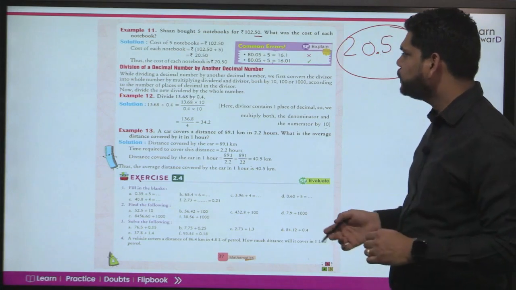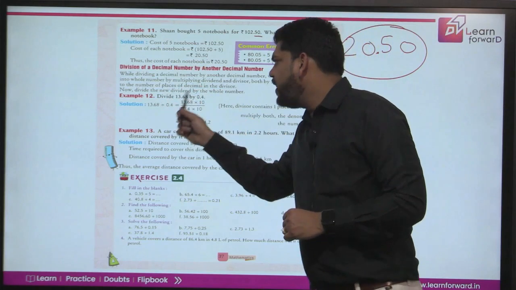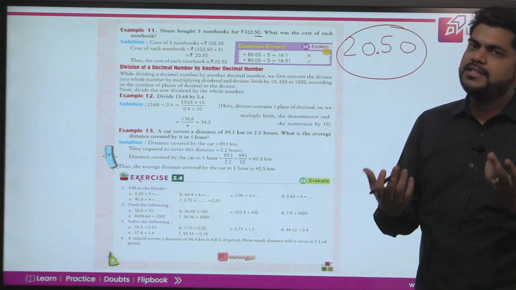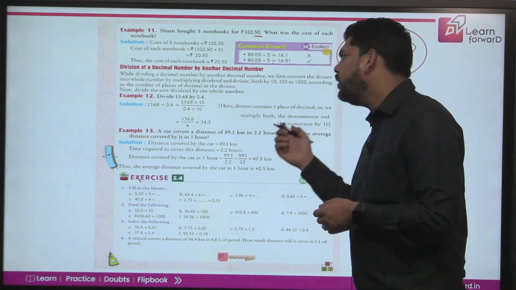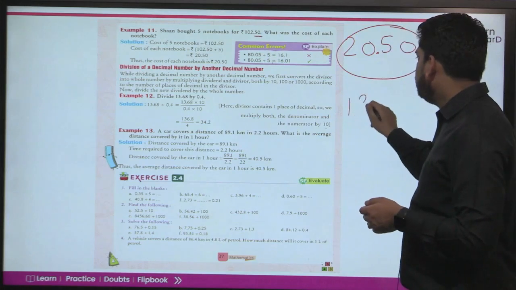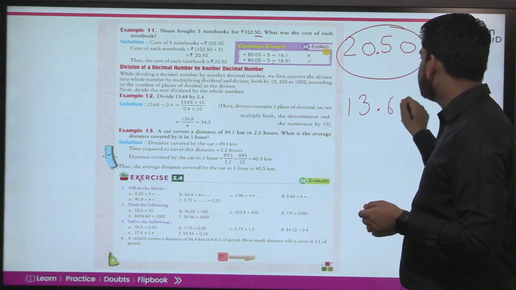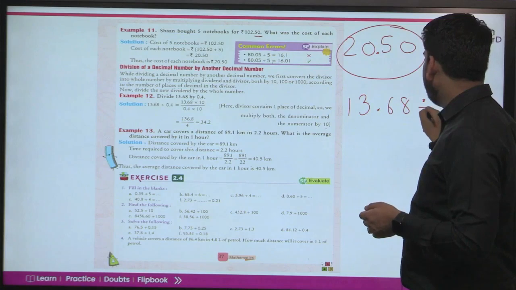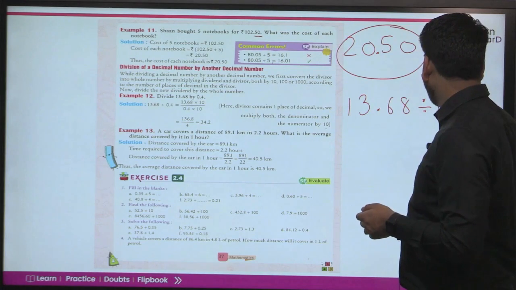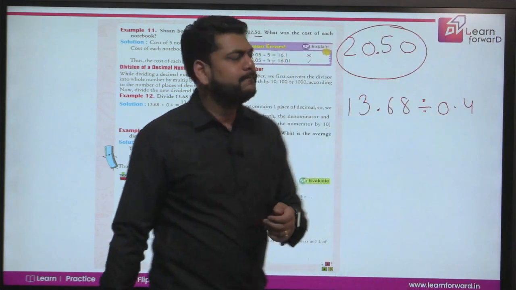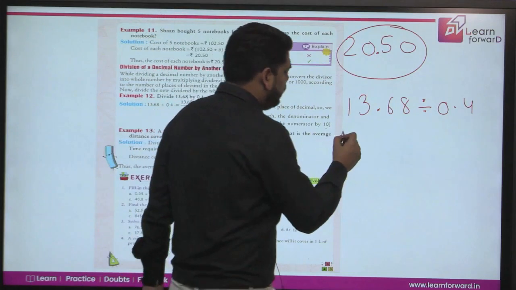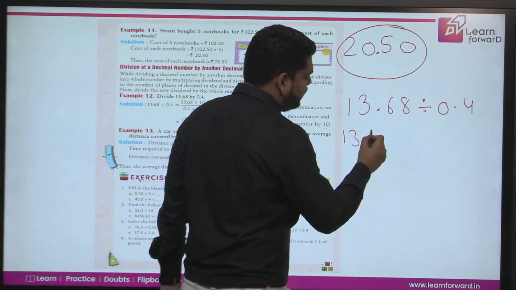Fine. Now we'll be dividing decimal number by decimal number. Now what we'll be doing? It's 13.68 divided by 0.4. Fine. So what we will be doing? 1368.